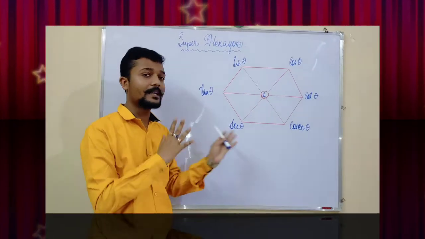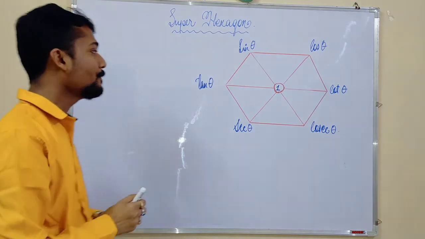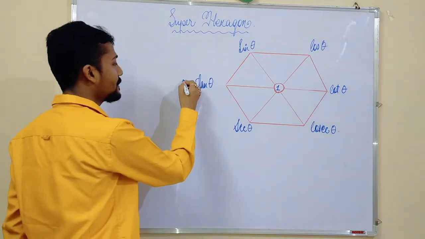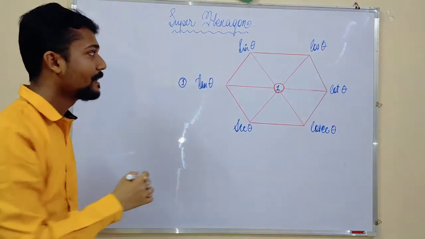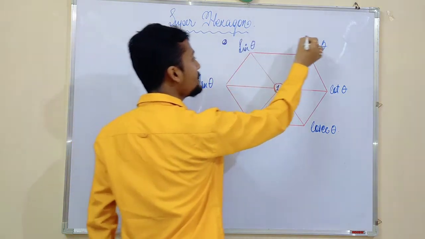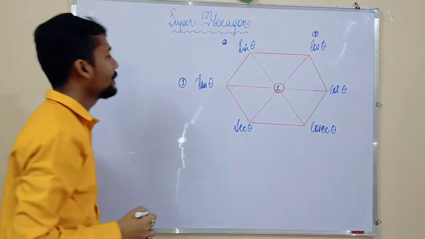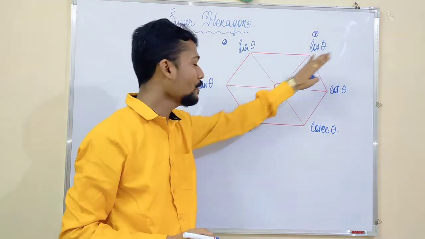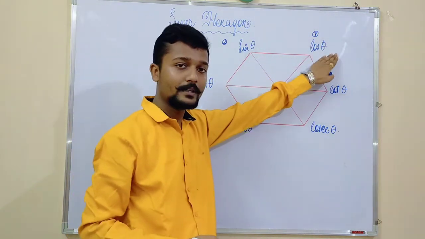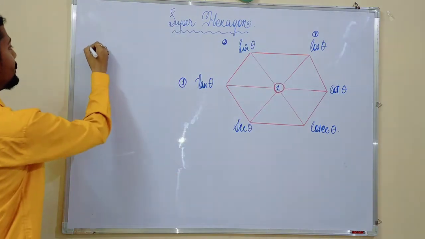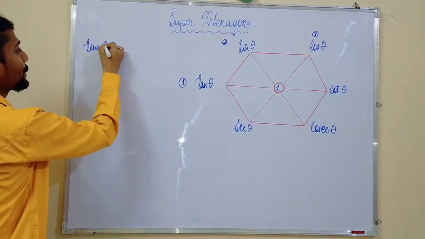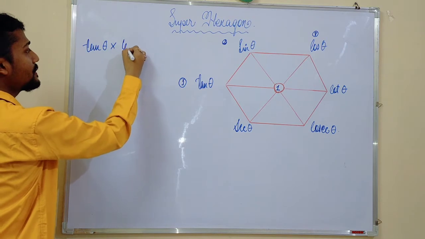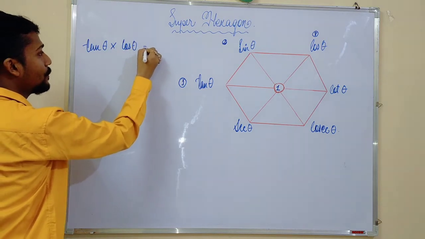So what are we going to find out next? Remember, I am taking, for example, tan theta first, sin theta second and cos theta third. So first into third, that means tan theta into cos theta, is equal to sin theta.